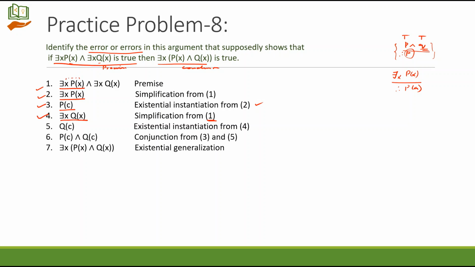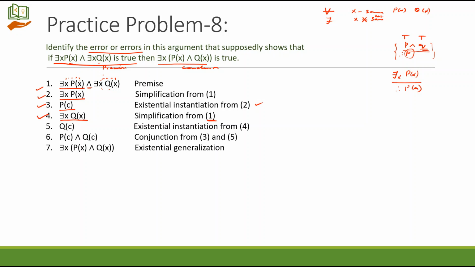This x is this x and this x is this x and this is conjunction. This is with respect to a generalized context. When the symbol is for all, this x will stay the same for both P of x and Q of x. But when it is existential quantification, this x need not be the same.